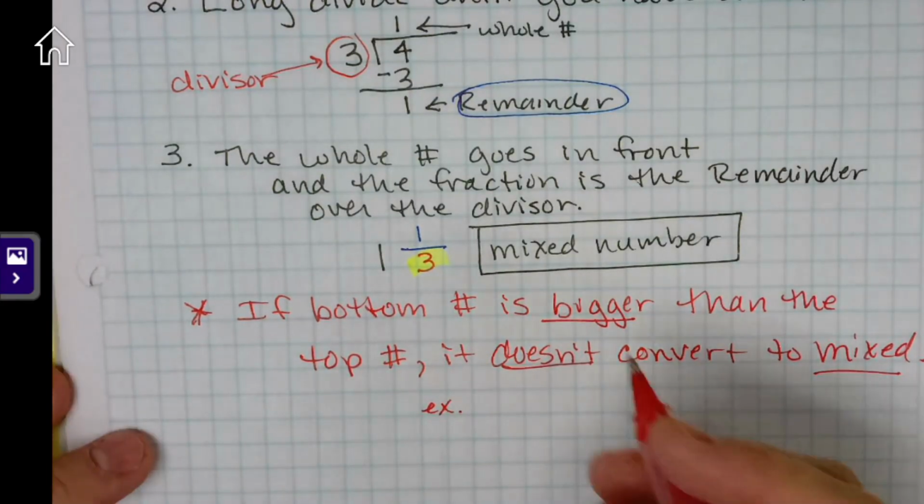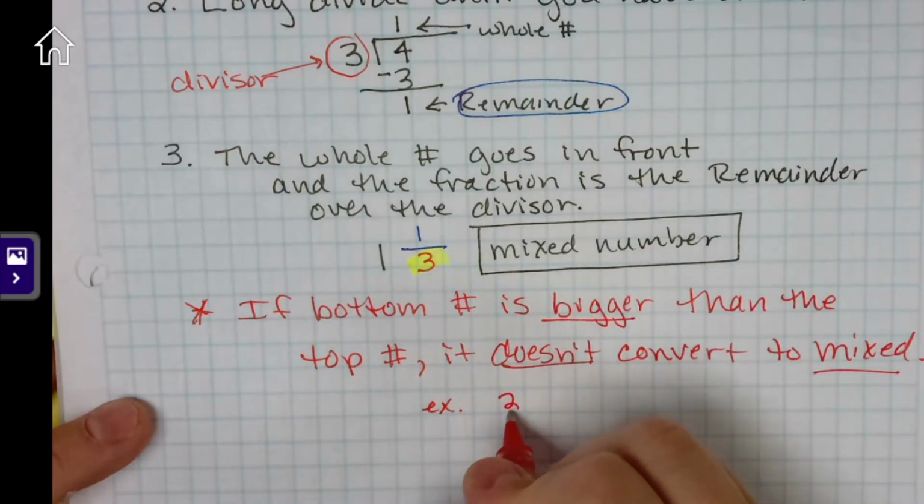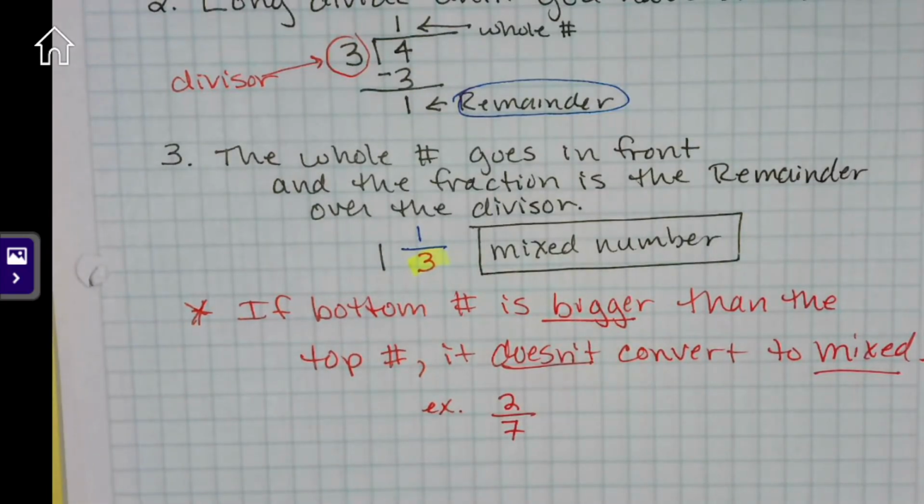For example, a number like 2/7. The bottom number is bigger, so we can't change it to a mixed number. That's all you get. That is mixed form for this.